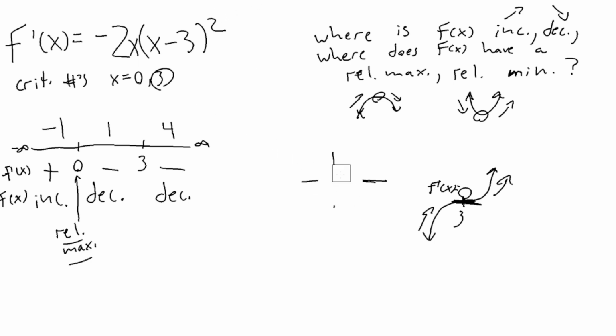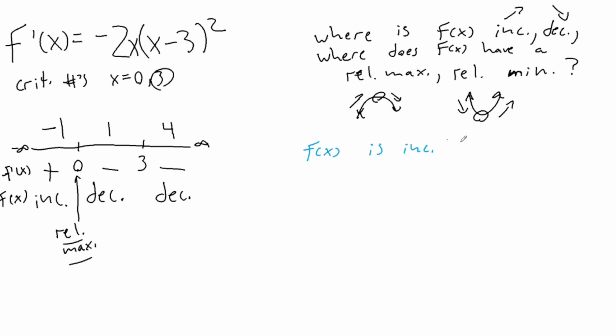So we can erase that. And now we can start with writing our statements. So, where is f of x increasing and decreasing? Let's start with that. So f of x is increasing on the interval negative infinity to 0, right?